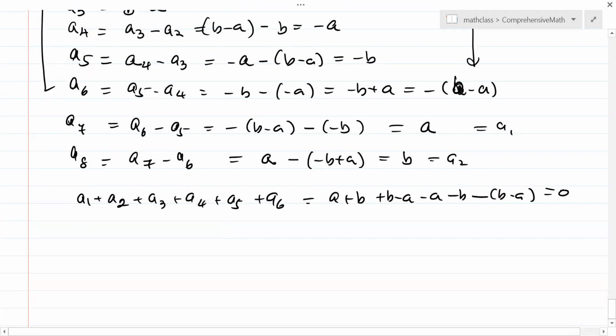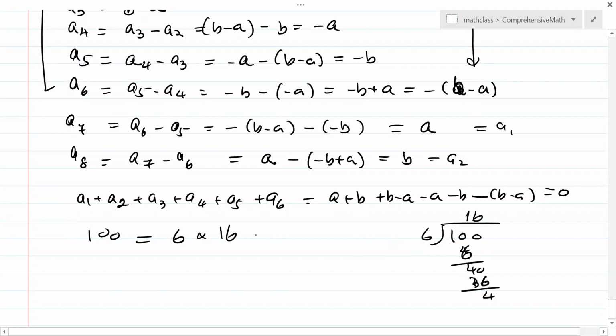Now 100: if you divide 100 by 6, 6 times 16 is 96. So the remaining is 4. So 100 is 6 times 16 plus 4.